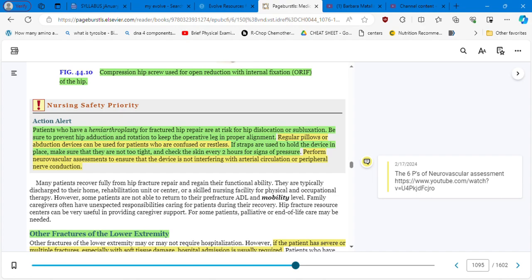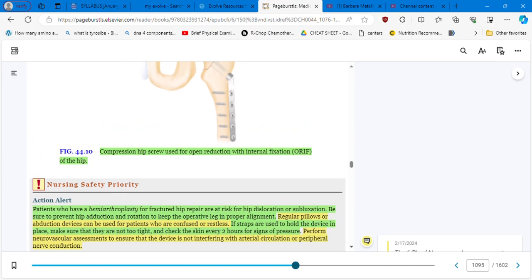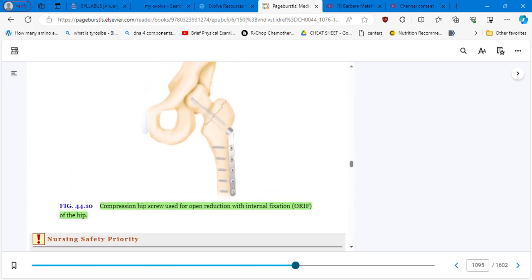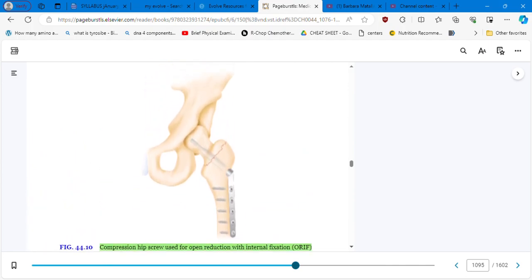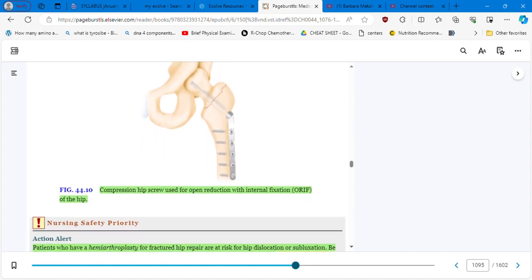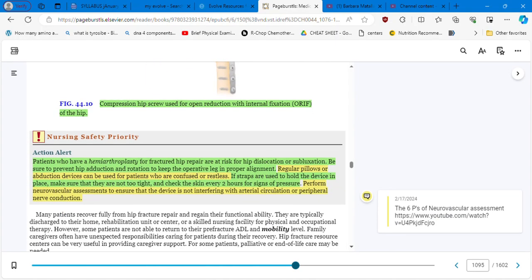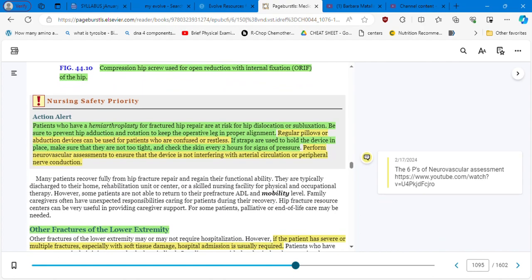Yes, so this is the one, the ORIF. Be sure to prevent hip adduction and rotation to keep the operative leg in proper alignment. Yes, so when this is done, the open reduction and internal fixation is the same bone they are using. So the patient is at risk for dislocation or subluxation.